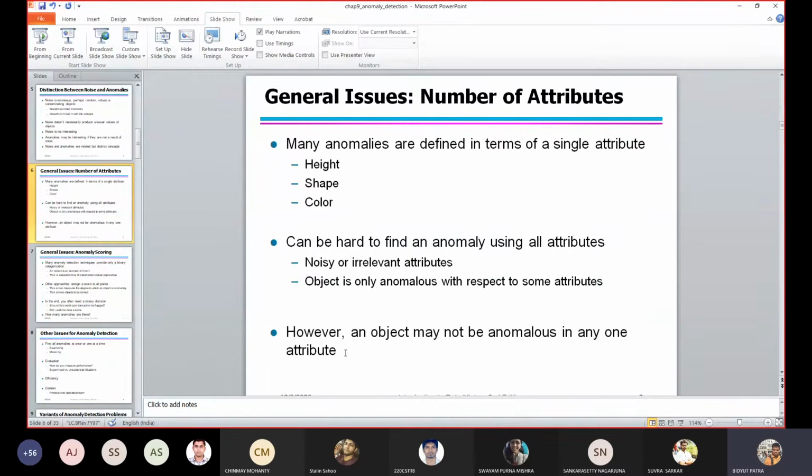So using only a single attribute, the task is much easier. Whereas if you have multiple attributes and their value ranges are also different, then it is very challenging to find the outlier.